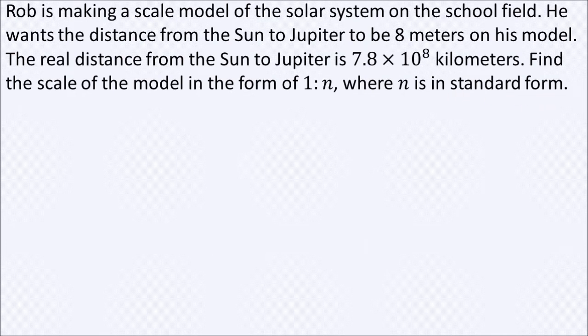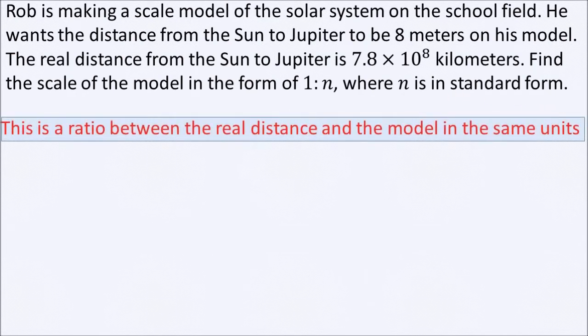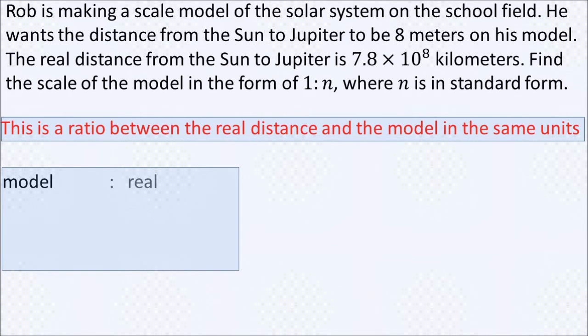When we talk about the scale, we're simply talking about a ratio between the real distance and the model, but keep in mind that this ratio has to be always in the same units. So we will write this ratio in the following form: model to the real, and under the model we put the distance in kilometers.